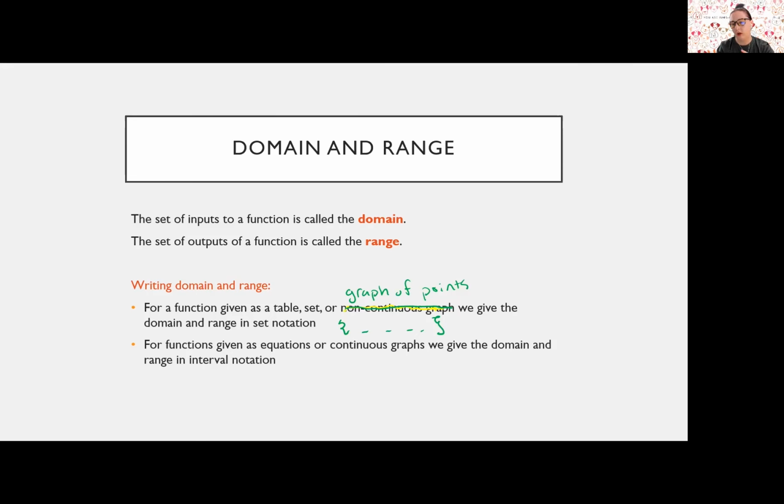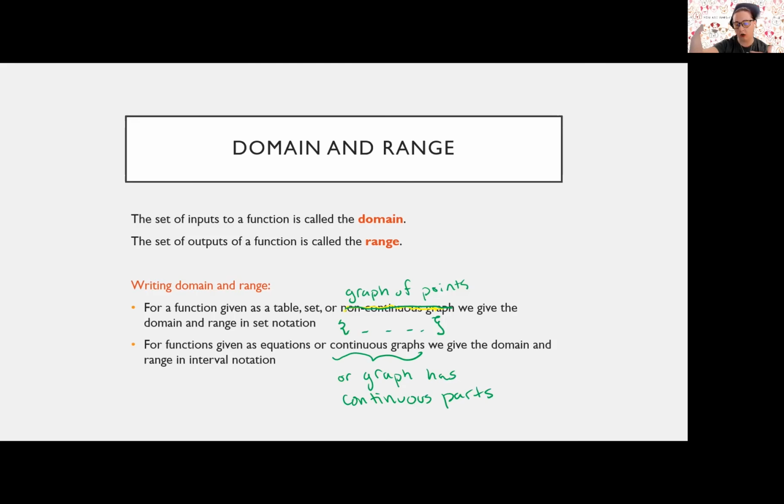If you have a function and it's given as an equation, or you've got a graph that's continuous, which means there are no gaps, or I should say, the graph has continuous parts. What that means is you might have a spot that has a gap between another spot, but there are parts where there are no gaps, where it's just a line or a curve or things like that, where you don't lift off your pencil.